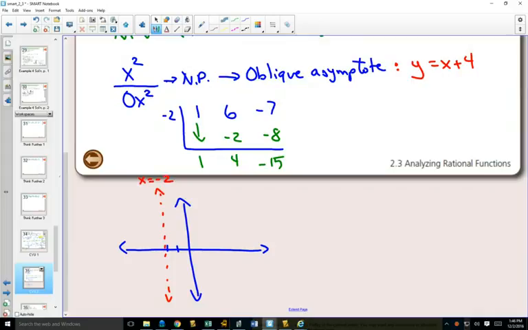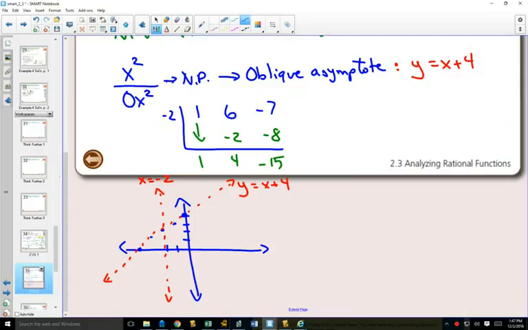We also know there's an oblique asymptote at y equals x plus 4. We can draw that in because it's a line with a y-intercept of 4 and a slope of 1, so over 1, and label it with its equation.